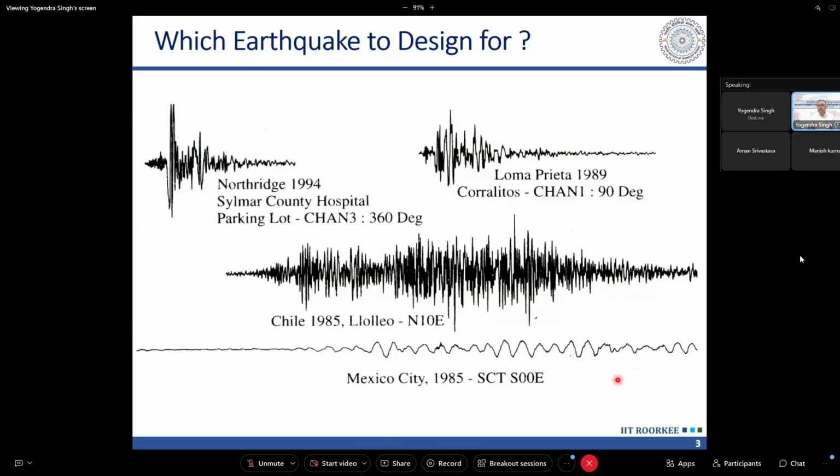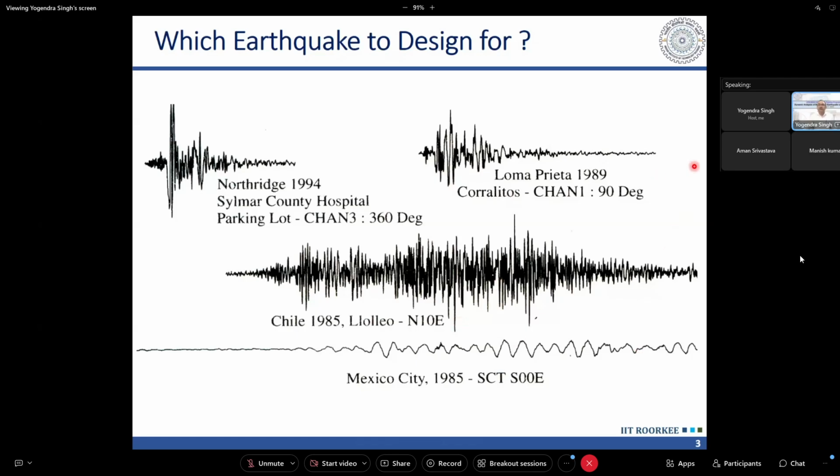Those buildings were very badly damaged, and the shorter and taller buildings were spared, because there was a quasi-resonance like situation. In case of an earthquake, resonance is not possible because the frequency is not the same. It is not a harmonic type of loading. So resonance does not happen, but a quasi-resonance like situation happens when the period of vibration of the structure and the predominant period of earthquake motion are close, and then the response of the structure increases.